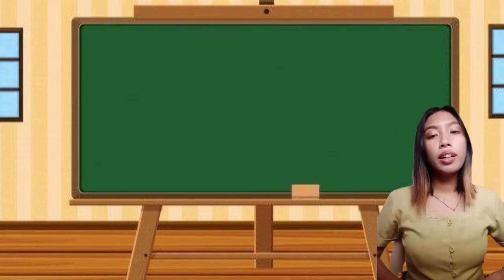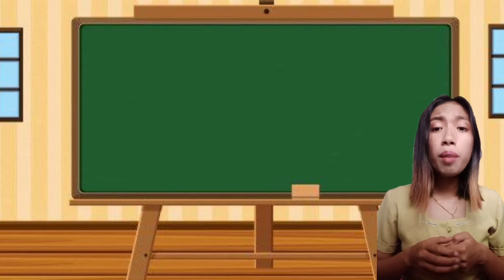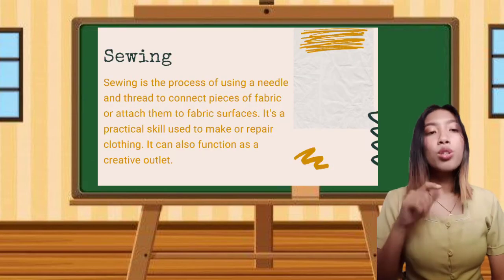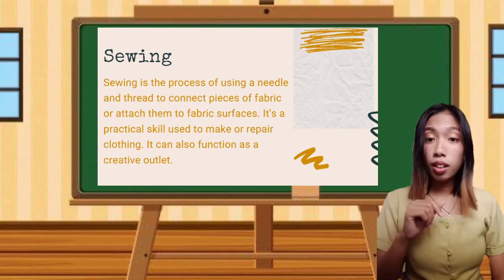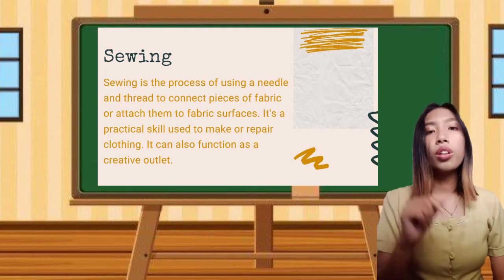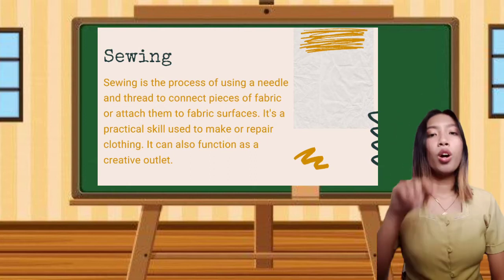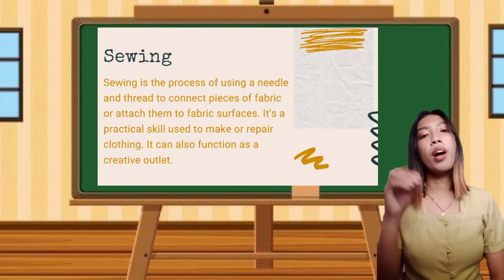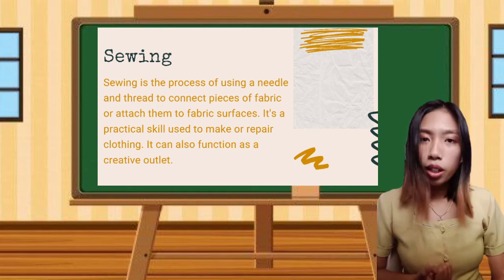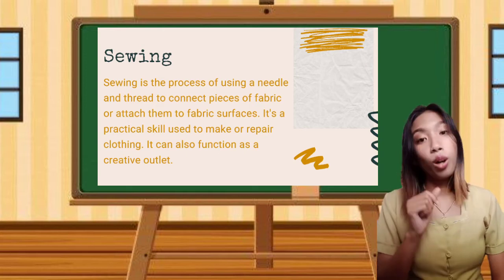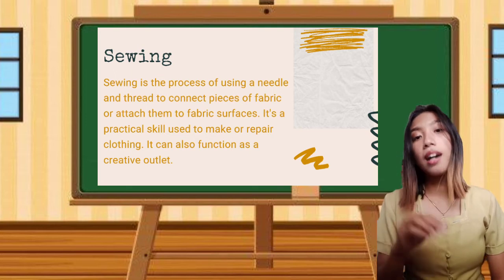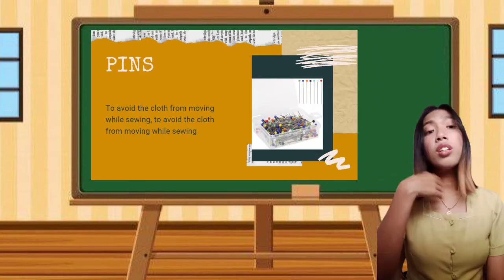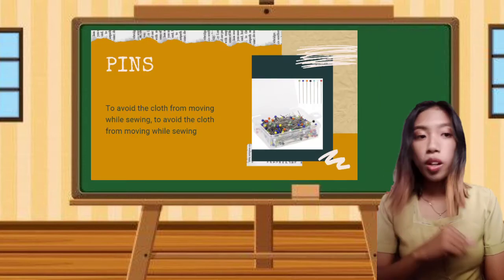After cutting, the last step that we will do is sewing. Sewing is a process of using a needle and thread to connect pieces of fabric or to attach them to fabric surfaces. It's a practical skill used to make or repair clothing. It can also function as a creative outlet. This tool avoids the cloth from moving while sewing.